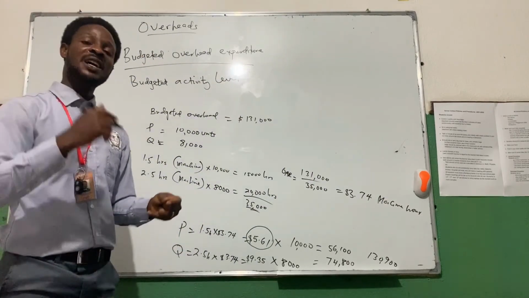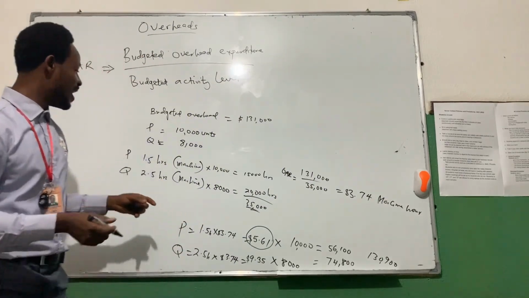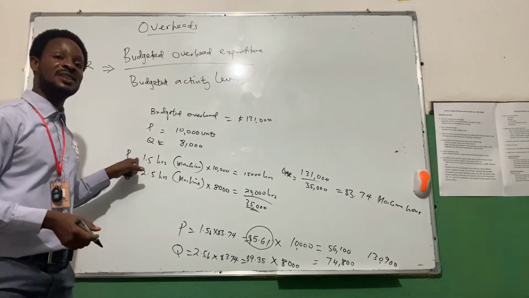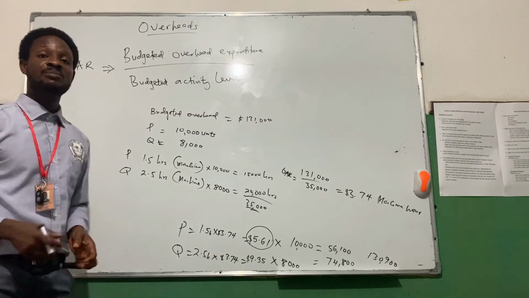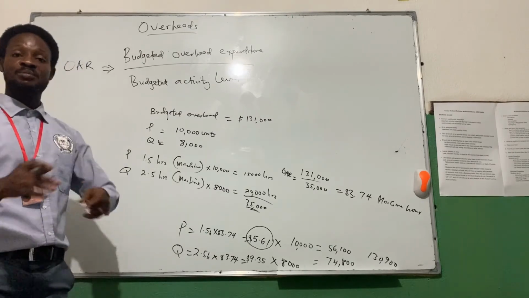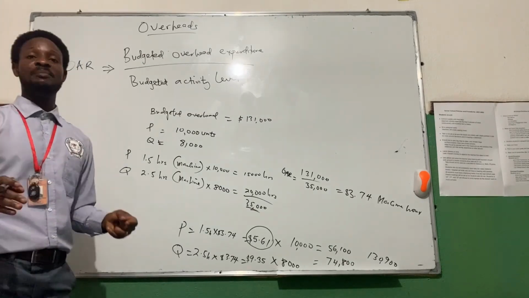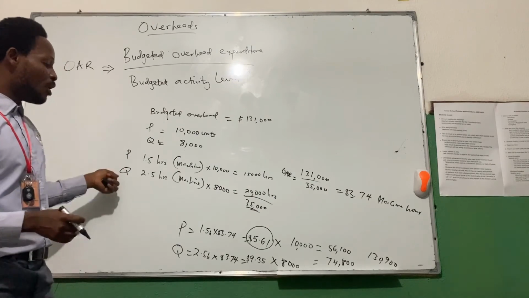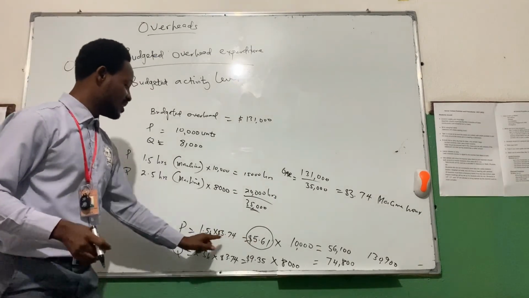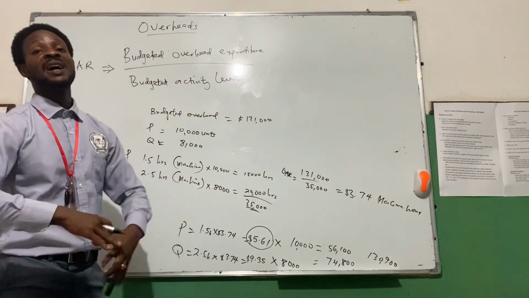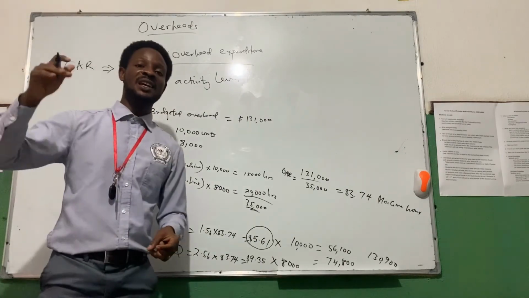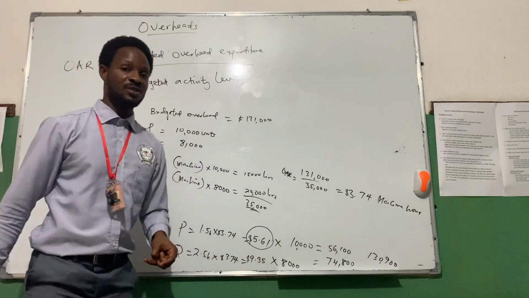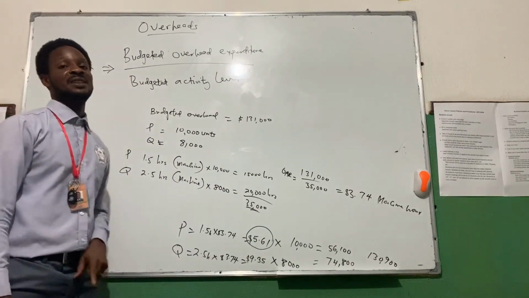So we now multiply the overhead cost per hour by the number of hours required to make each product, A, B, C, or P, Q, R. It can be any name. Then when we get the cost per unit, you can multiply it to get the total overheads absorbed in each product, P and Q in this case.